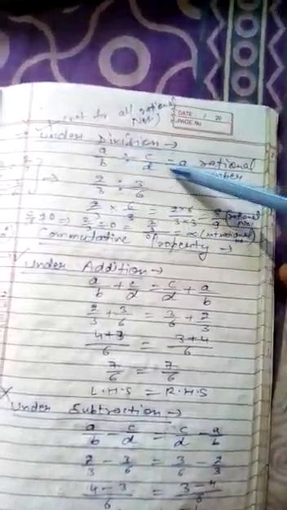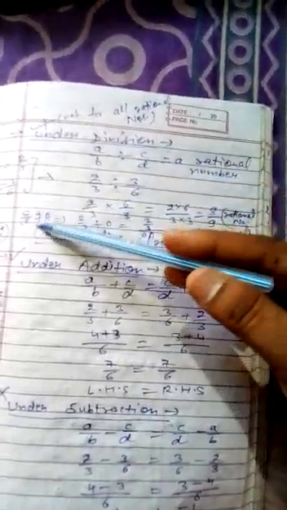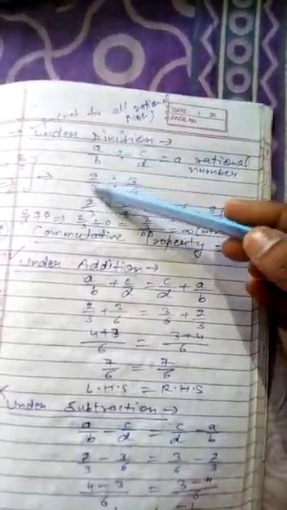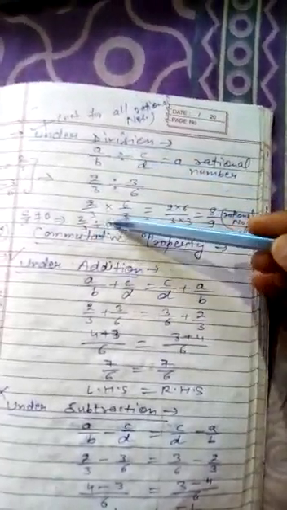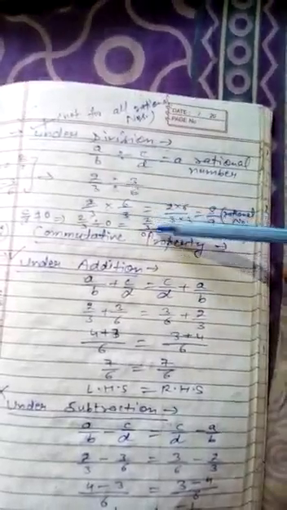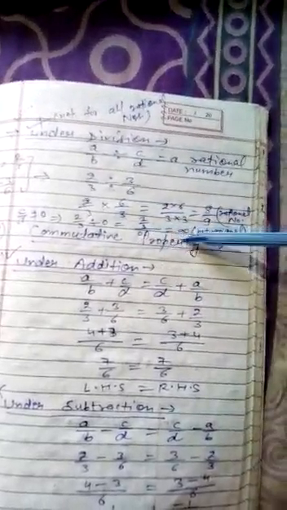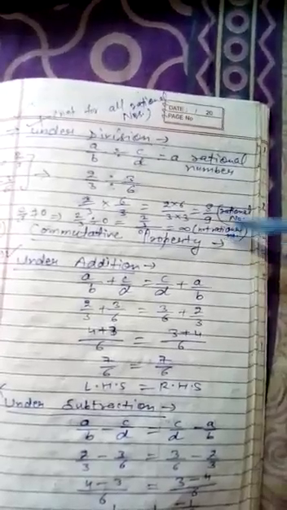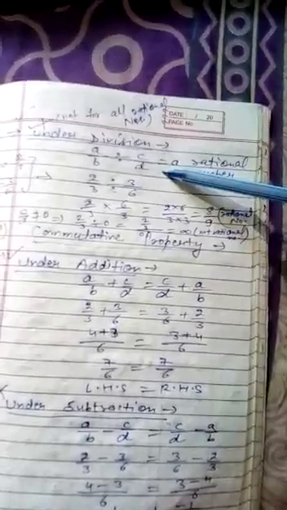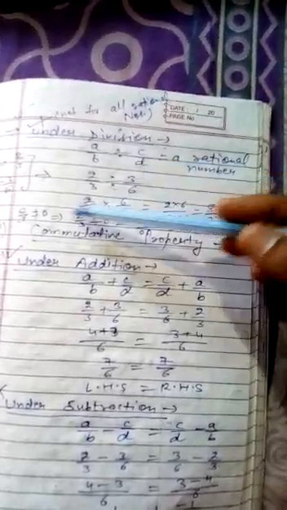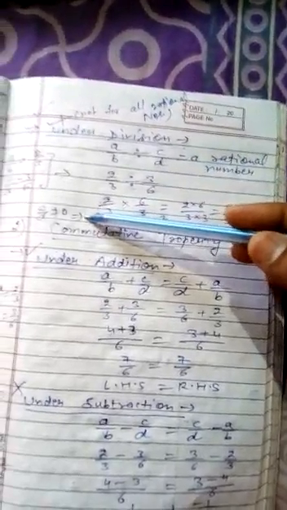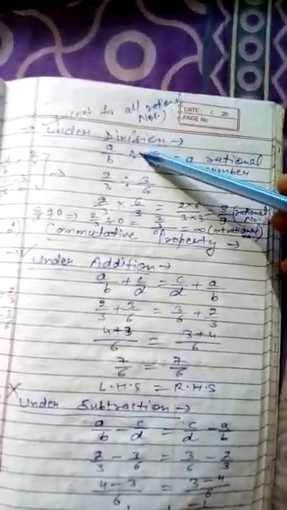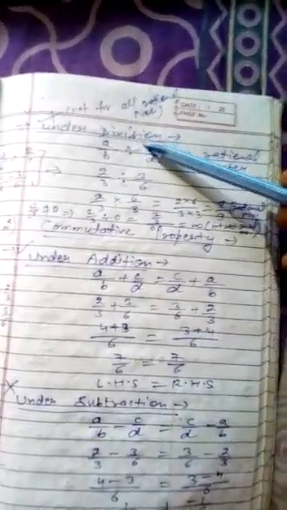This is numerator and this is denominator. If c upon d I will take 0, then you will write it likewise 2 upon 3 divided by 0. It will be infinity. This is not a rational number. But property should hold for all the rational numbers. Here 0 is also a rational number, but we can't take 0. So we can say for all the rational numbers this property does not satisfy under division.